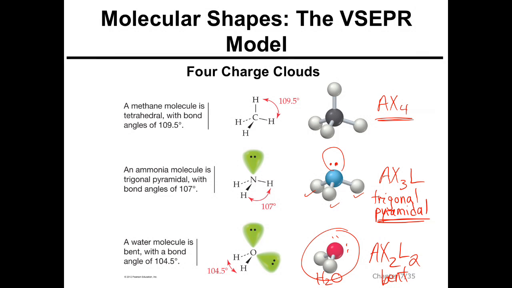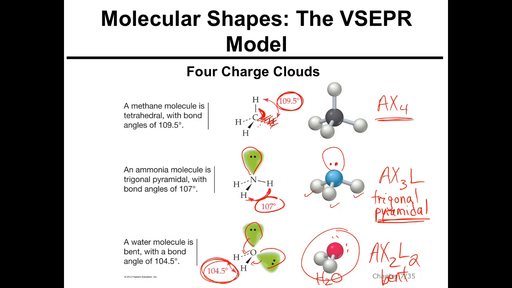All right, so notice what happens when you have a lone pair. These angles normally in a tetrahedron were about 109.5. As soon as you take one of these off and replace it with a lone pair, the angle now becomes 107 degrees, or it's smaller. And if you have two lone pairs, you're really getting repulsion with these bonding electrons, so the angle is even smaller.